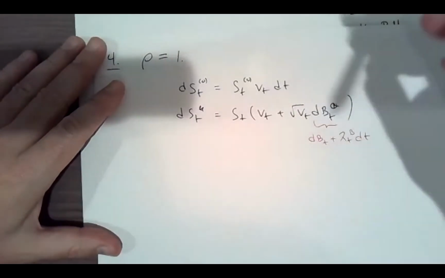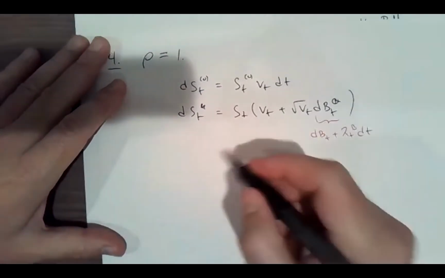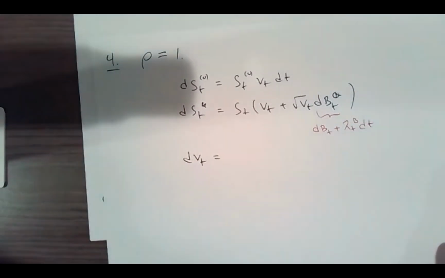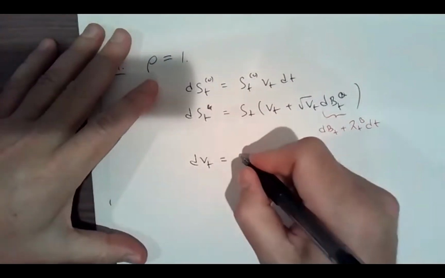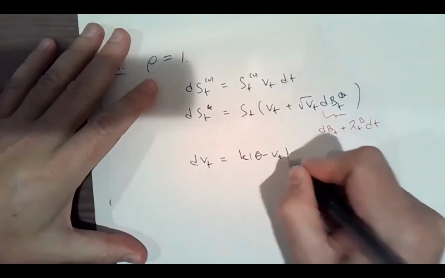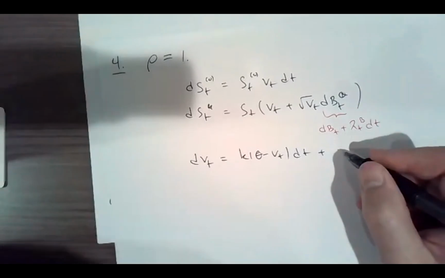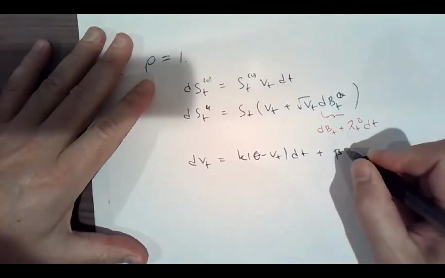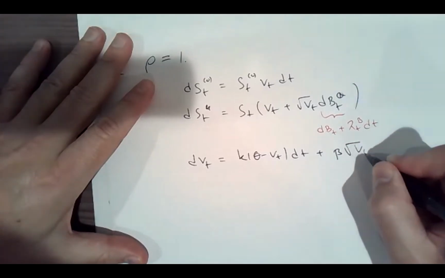Because rho is equal to 1, there's no W. When I write out the dynamics of dV, I get kappa (theta minus V_t) dt plus beta square root V_t dB_t.